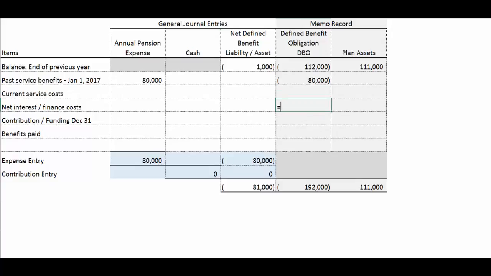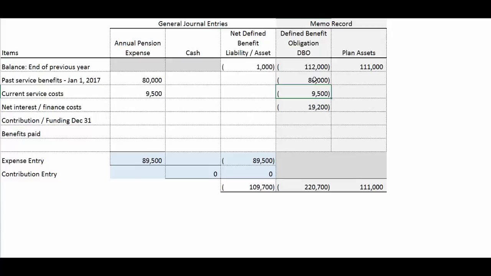So when we calculate the net interest finance costs, we're going to be looking at both the balance at the beginning of the year, plus the past service benefits that happened on January the 1st, and we're still using 10%. We see from the question that the current service costs for the year were $9,500, and we do this exactly the way we did it before, recognize the expense and the increase in the obligation.